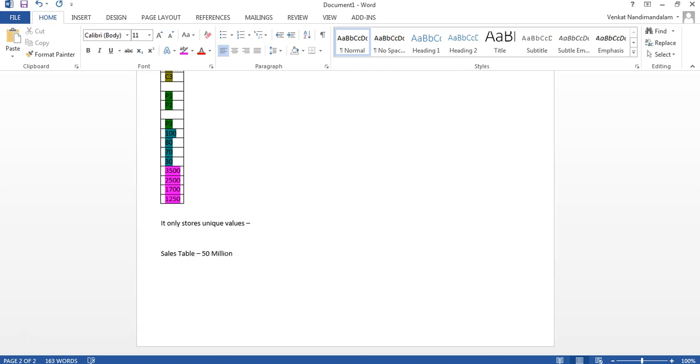Definitely, if you're talking about 10-year sales data, easily you are going to get 50 million records in any organization, which means you are going to have 50 million records in one table. And practically, how many unique products will any organization have?